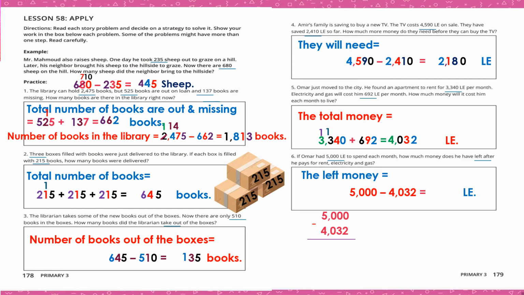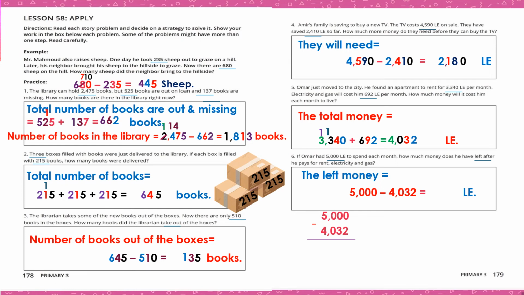Let's solve ones with ones. 0 minus 2. Can you take 2 from 0? No, I can't. What shall we do? I will go to the next door. The next door here is also 0. Can you give me 1? No, I can't.